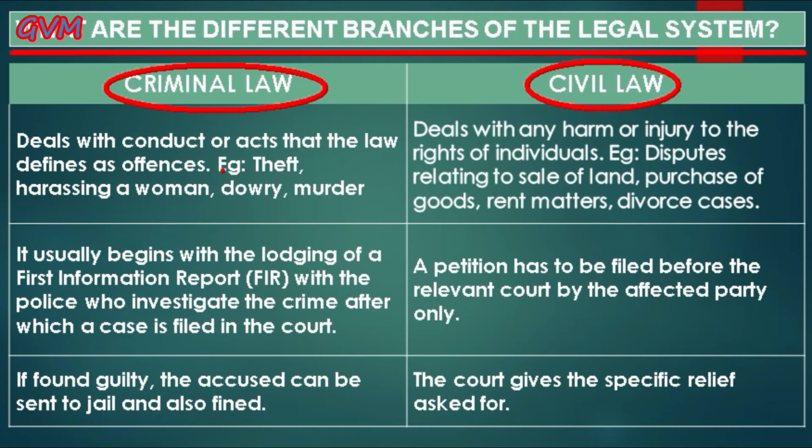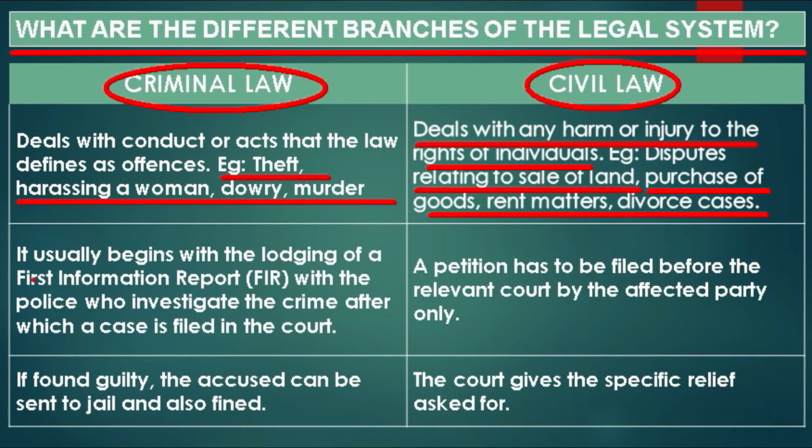For example, theft, harassing a woman, dowry, murder, etc. Whereas civil law deals with any harm or injury to the rights of an individual person. For example, disputes relating to sale of land, purchase of goods, rent matters, divorce cases, etc.